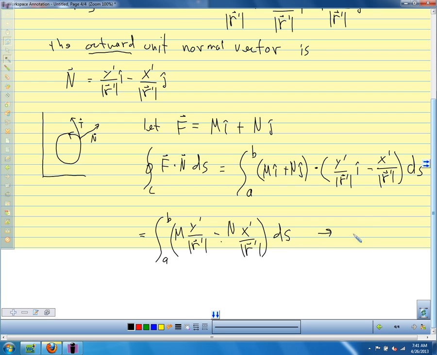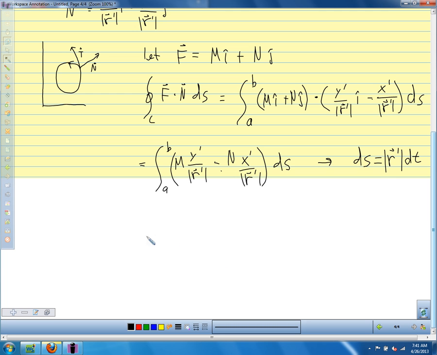But what does ds equal? How did we express ds in the past? Magnitude of r prime dt. So we're going to express ds as the magnitude of r prime dt, and then we can rewrite this integral.